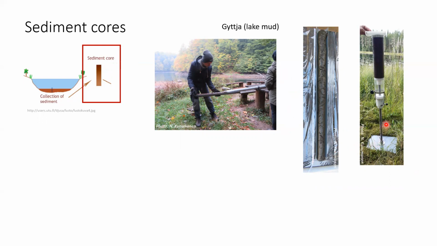Then, for example, this is a surface sediment core that you can take. That can be subsampled at the site, and then you can analyze it for more recent changes in the environment.